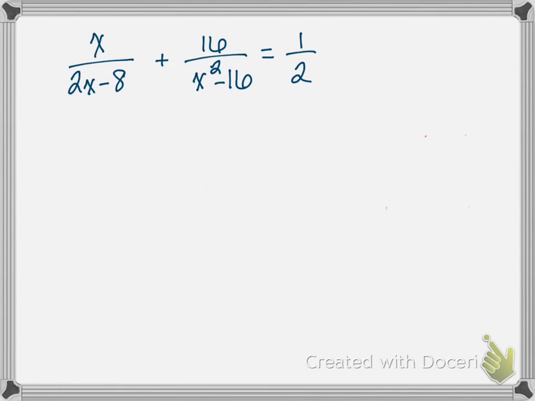What do you think I need to do first before I can really determine my LCD? I'm sensing that you need to factor the denominators. Yes. So we want to factor those denominators. That's what we're going to do right now. So I want you to take 60 seconds and factor those two denominators.